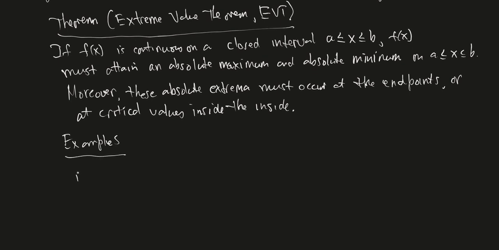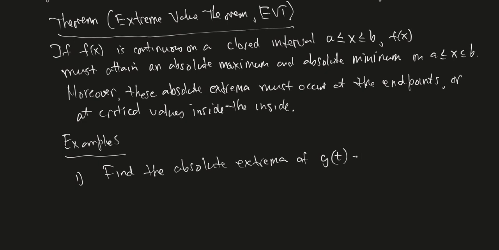So find the absolute extrema, meaning both, max and min, of, and here's our function. I'll use a different variable. Let's use t instead of x.